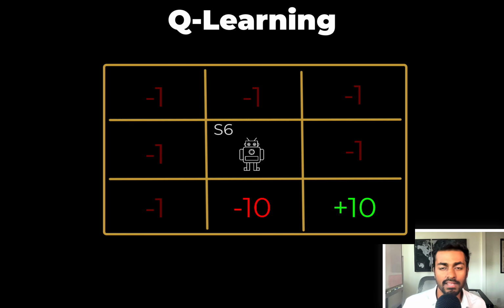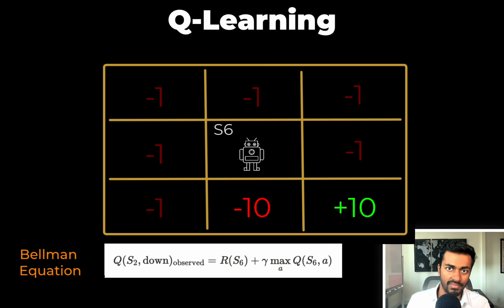Now let's calculate the observed Q value that is given by the Bellman equation. So the Q value observed is going to be the reward in transitioning into state S6 plus the discounted maximum value that we can obtain for state S6. And so we know that the reward for state S6 is -1.